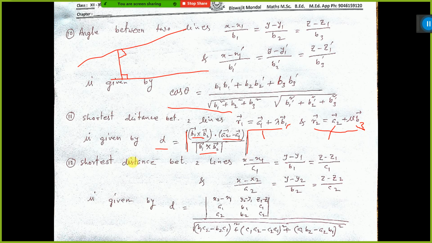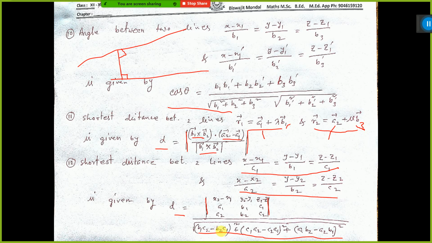Now see, the shortest distance between two lines whose Cartesian equations are given. This is the Cartesian equation and you will get the shortest distance by this formula. This is the determinant, and it is very easy. You are seeing it is very big, but it is very easy to memorize.